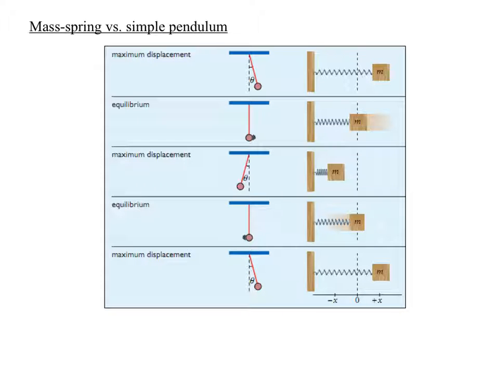So we talked about how a pendulum and a mass spring are similar, and I gave you that quick demo here, and I was saying okay, there's all potential, at the bottom all kinetic, at the top all potential, at the bottom all kinetic, and we see this with a pendulum. Well, how do you show that it's analogous? Look at this diagram. When the spring is stretched fully, it's like the pendulum is at the top.